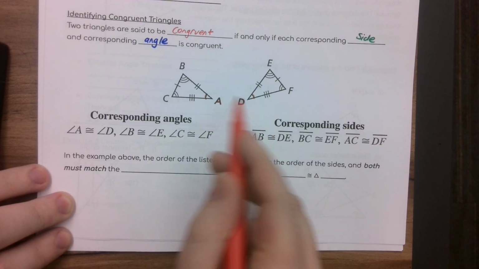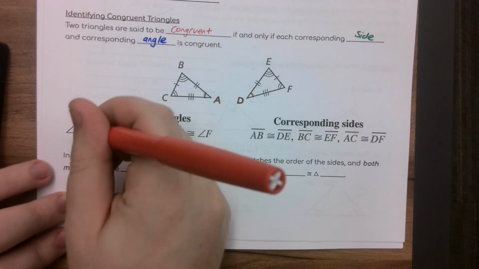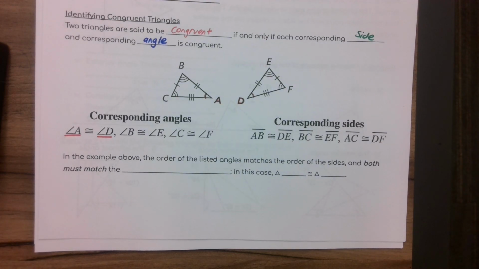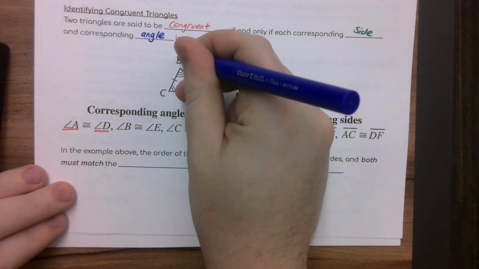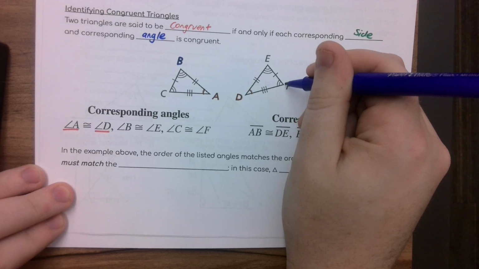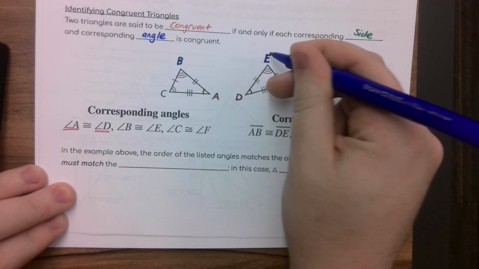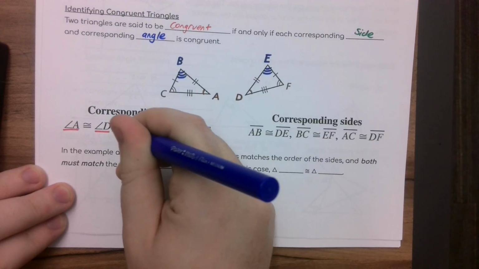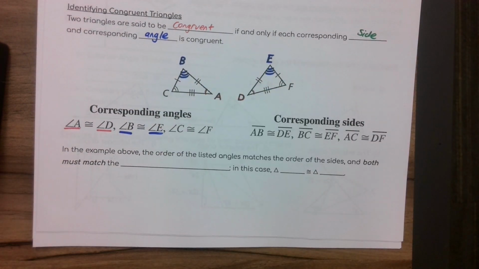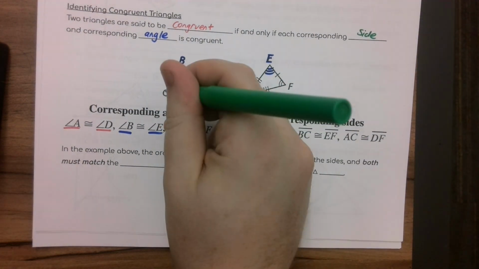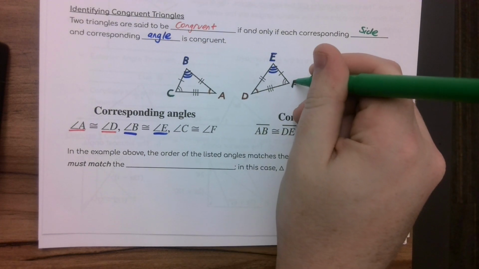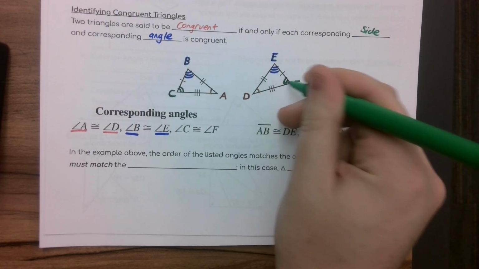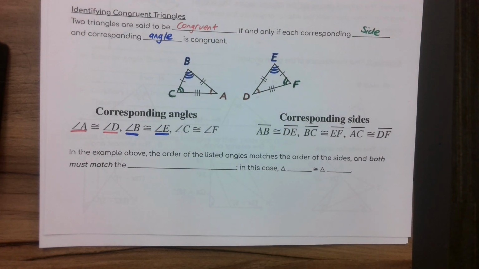Since A and D have the same congruence tick mark, A is congruent to D. We can do the same things for B and E. So B has these three marks, and so B is congruent to E. And the same thing with C and F. Both of these angles have two tick marks. So sometimes we are just told that some things are congruent.